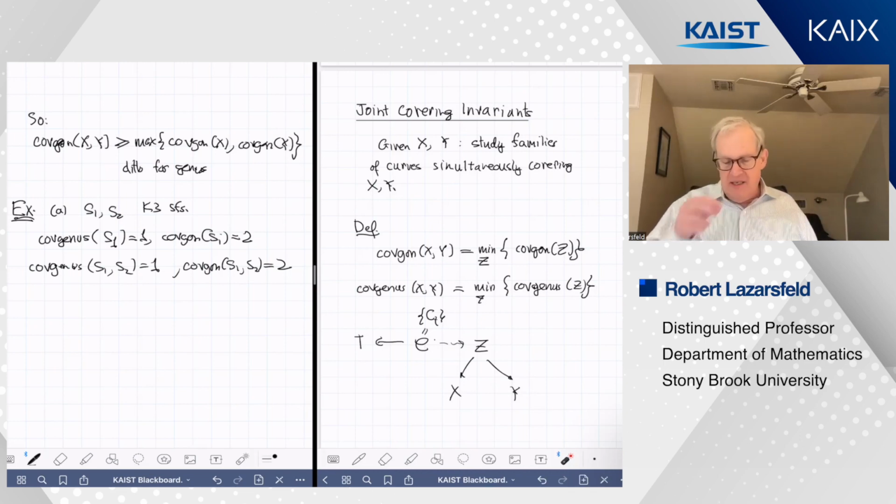The point is that any K3 surface Si is covered by a non-isotrivial family of elliptic curves. So essentially all elliptic curves lie on a K3 surface. You can find a family of elliptic curves on it that dominates the moduli space of elliptic curves, and the same thing for S2.